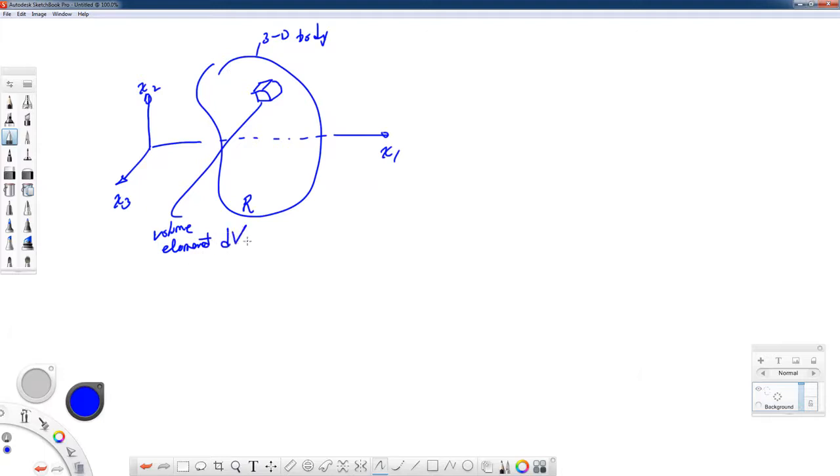It has a little bit of volume, dV. And on this surface, we'll call that dS. And acting normal to that surface, pointing out of the body, will be our unit normal that we will call N.